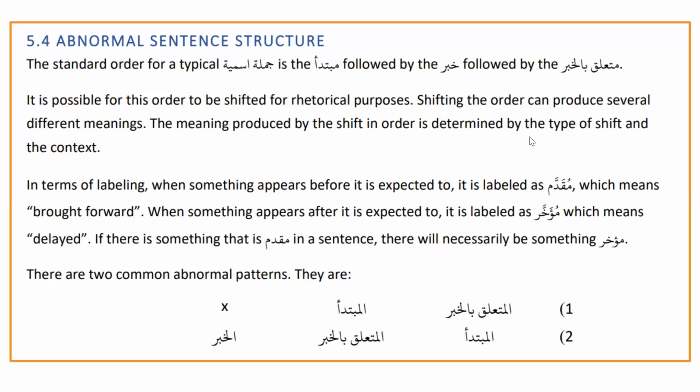Shifting the order can produce several different meanings. The meaning produced by the shift in order is determined by the type of shift and the context. So the type of the shift tells us what is the new meaning, and also the context of this sentence.